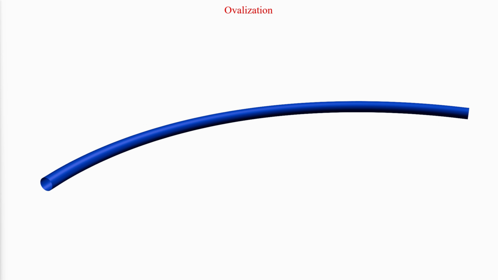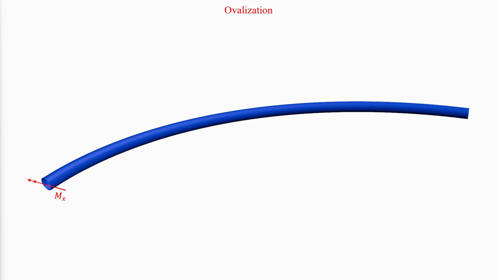When curved round hollow section members are subjected to out-of-plane flexure, the flexural strength and stiffness can be reduced by ovalization of the cross-section. The deformed shape caused by the out-of-plane bending, where the major axis of the ovalized shape is skewed at an angle of approximately 35 to 45 degrees from the axis of flexure, is shown.